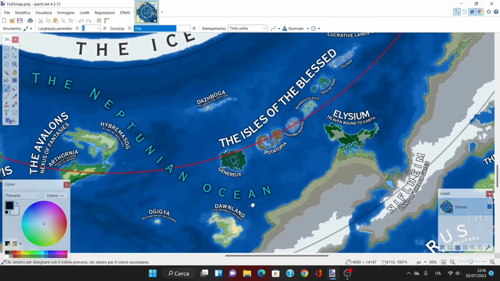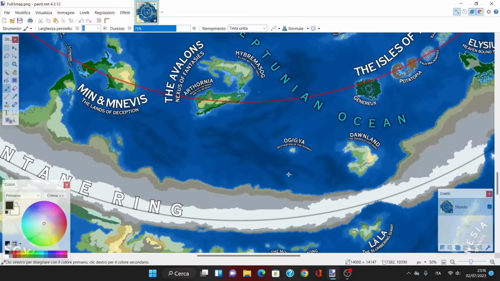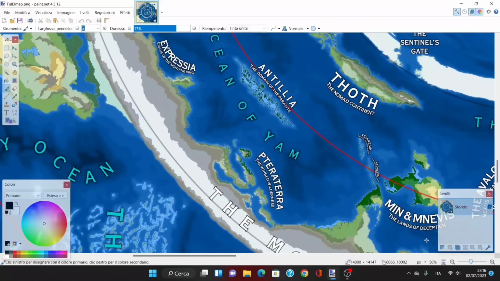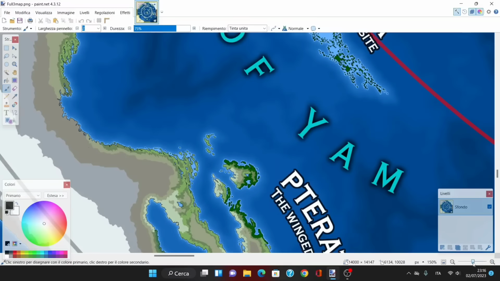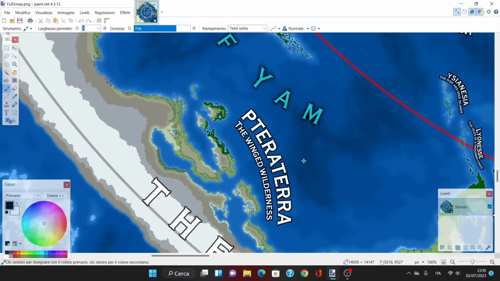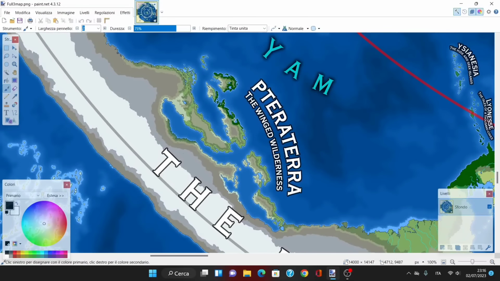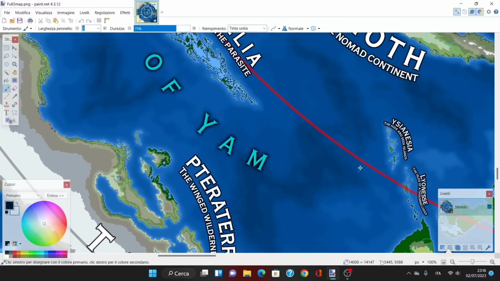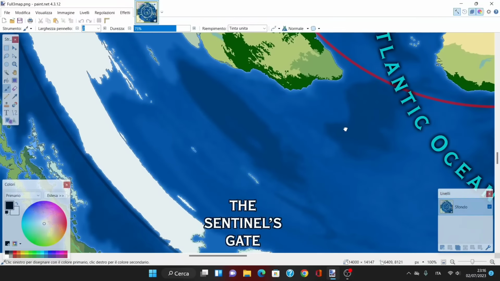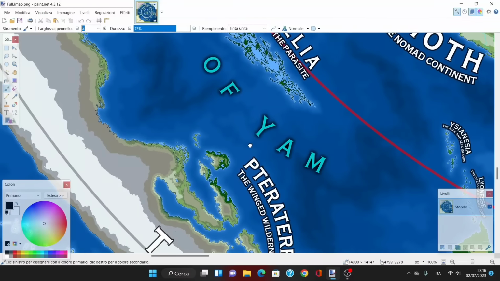But then we have things we didn't talk about because we just kind of skipped them in the original saga. So we have things like Ptera Terra, the winged wilderness. So if I remember correctly, Ptera Terra was the land of a diverse species of birds that differed from the mainland and developed completely different from the rest of the world.